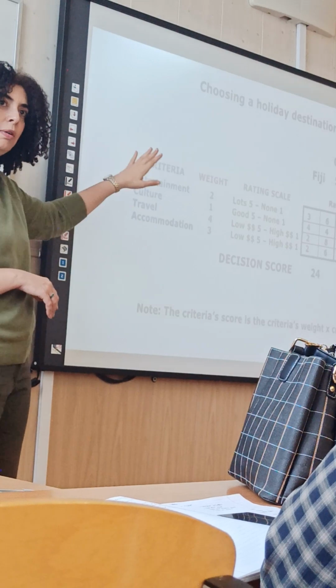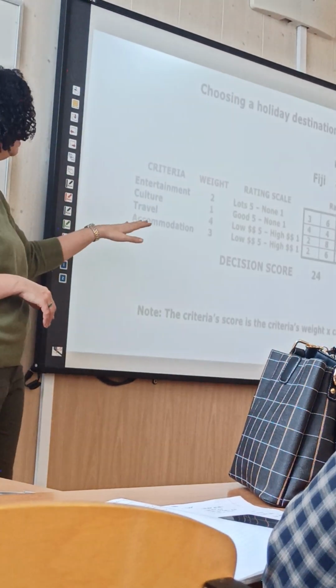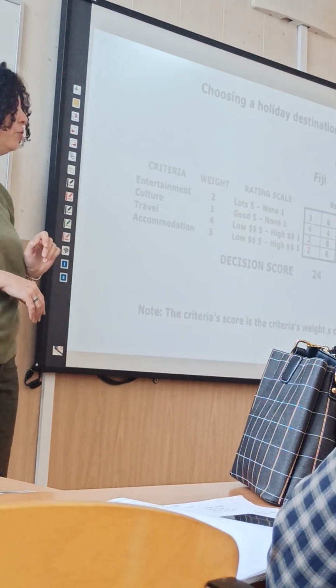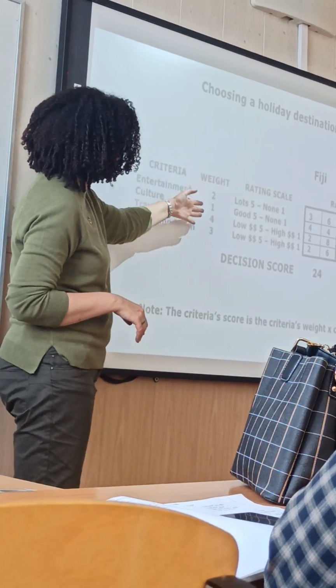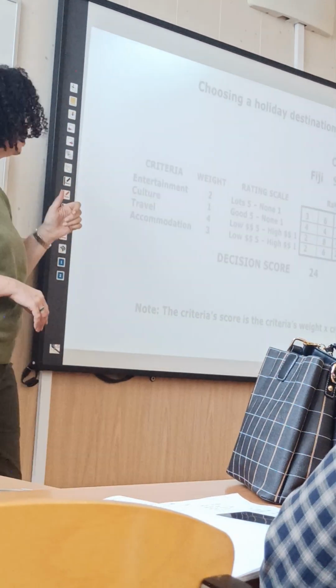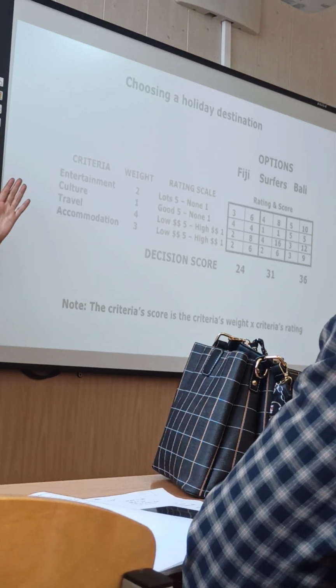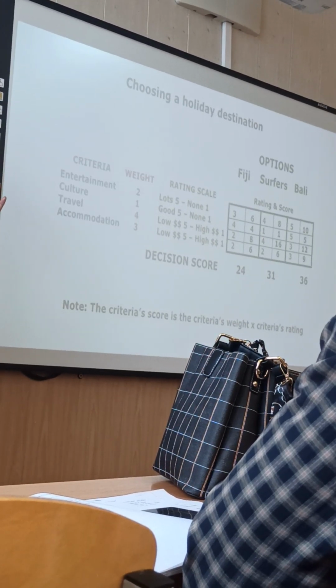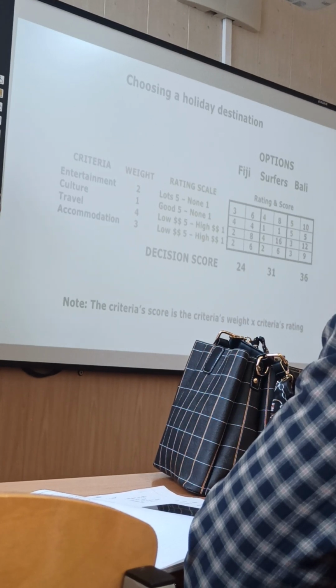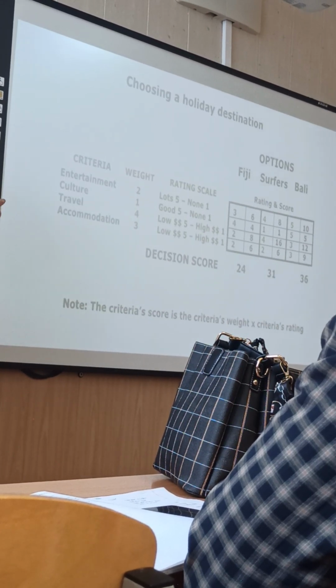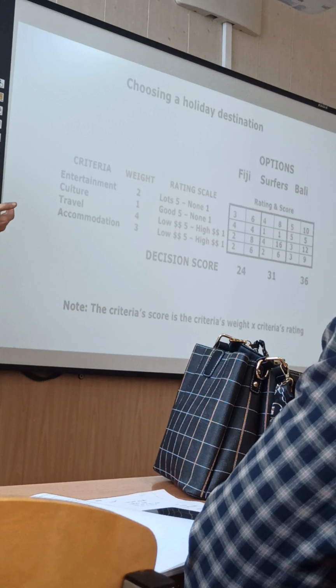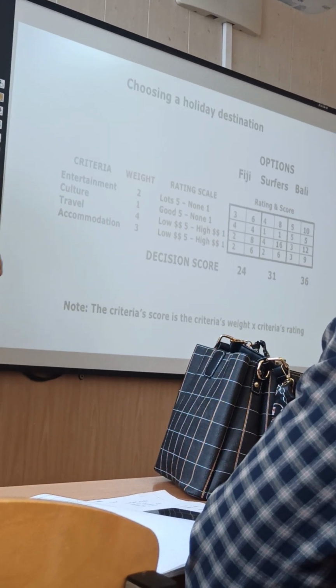So these are the 4 criteria they identified for the destinations. Can you see the weights now? You have 2, 1, 4, 3. On a scale of 1 to 4, they ranked the criteria. Which was the most important one? Travel. And next to it, accommodation.